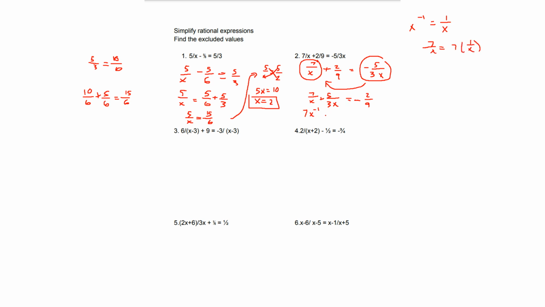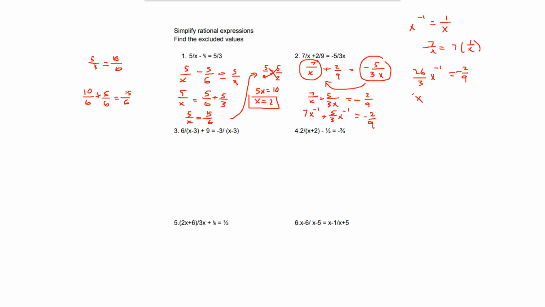So we have 7 times x to the negative 1 plus 5/3 x to the negative 1. And you don't have to do this, but it also helps visualize it if it's confusing. 7 plus 5 over 3 will give you 26 over 3, and this equals negative 2 over 9.